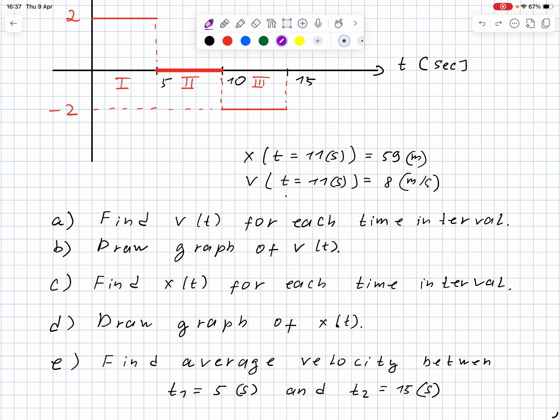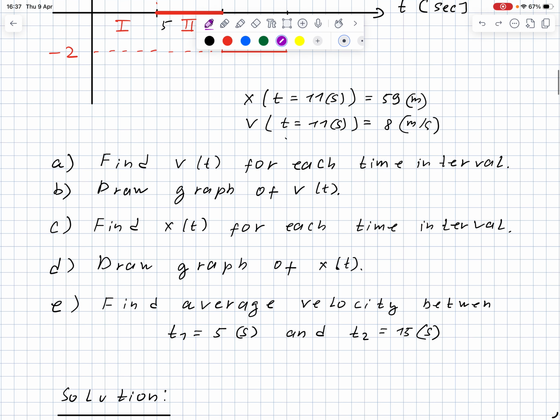Part C, we're going to find the function of x of t for each time interval, and also we're going to draw the graph of x of t. And in the final part, we're going to find the average velocity between the initial time of 5 seconds and the final time of 15 seconds. Okay, let's go over the solution.